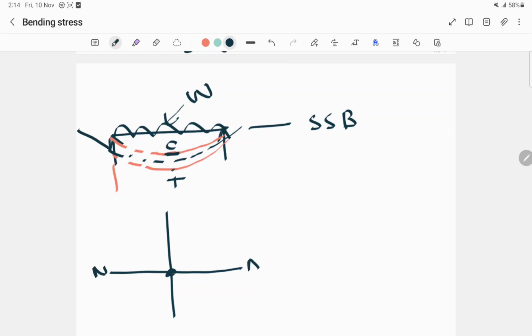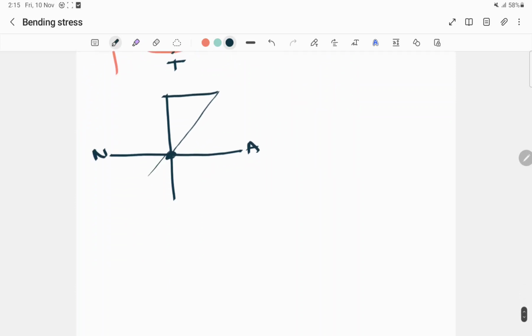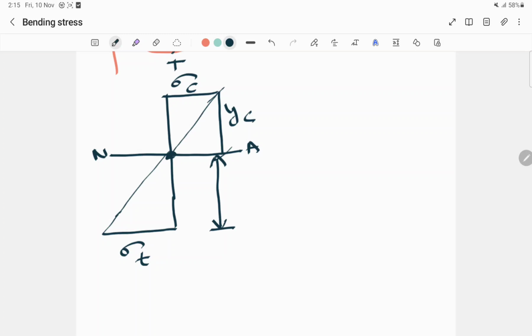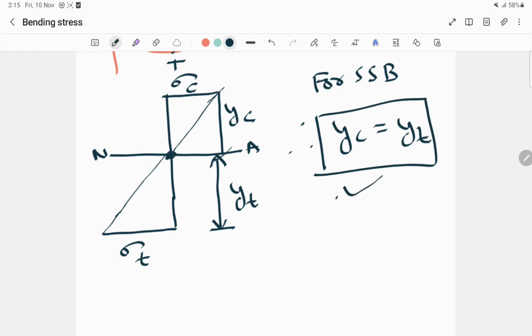This is the neutral axis of the beam, and the stress there remains zero. The upper part faces compression, so its distance is yc, and the lower part faces tension, with distance yt. So we can say that for a simply supported beam with a rectangular section, yc is equal to yt. Okay, thank you.